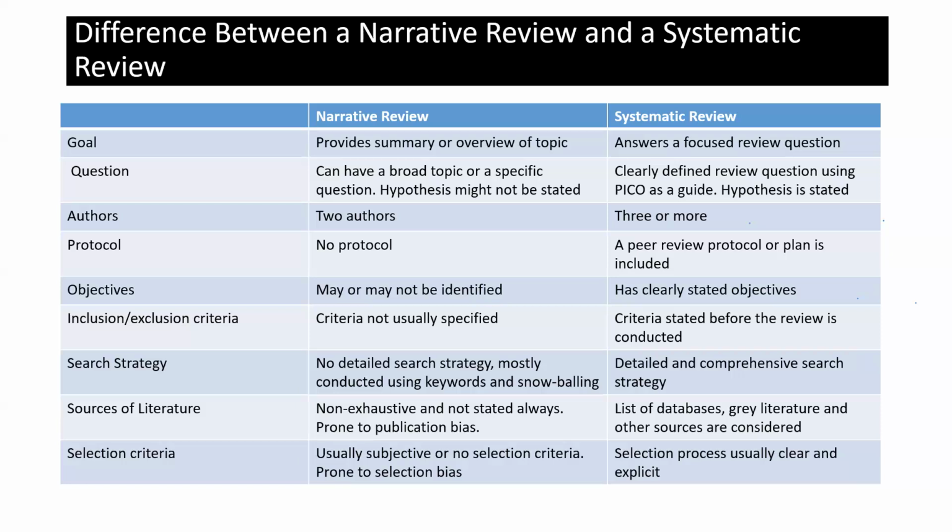So objectives can be defined or not defined in a narrative review, but not in a systematic review. You have to have clearly stated objectives. You have the criteria stated before the review is conducted, all the inclusion and exclusion criteria, and most of the time these inclusion and exclusion criteria are essential, number one, to control the confounders and the effect modifiers, for instance, in a primary study.